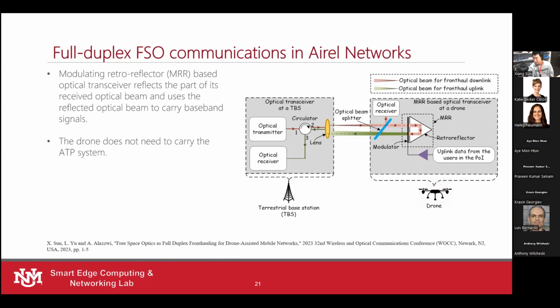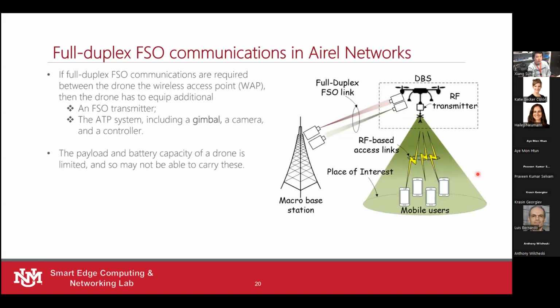All right. So as per your solution in slide 21, there will be battery power saving of the UAV, right? Basically, the solution here indicates that the payload of the drone is reduced as compared to the previous solution, when we have two independent optical beams, one for downlink, the other one for uplink.